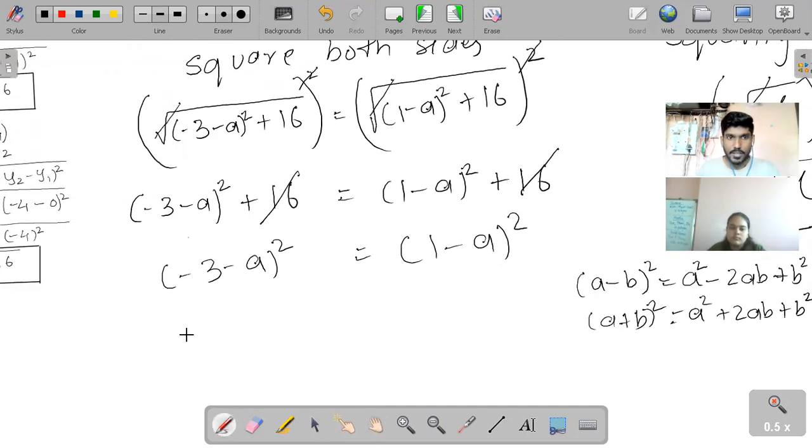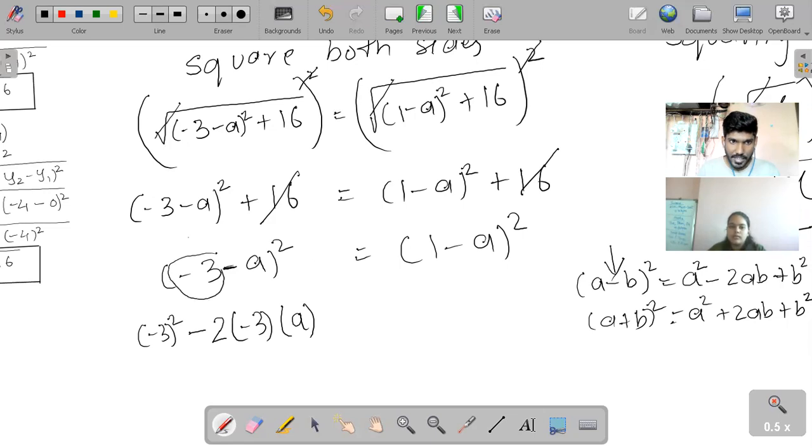Now, can you tell me the expansion? Minus 3 square, minus 2 into minus 3 into a. Just a, because this minus sign is the middle one, exactly as in this formula.